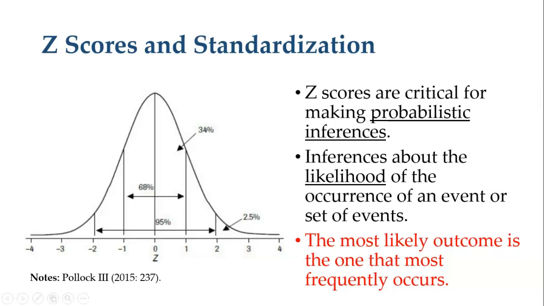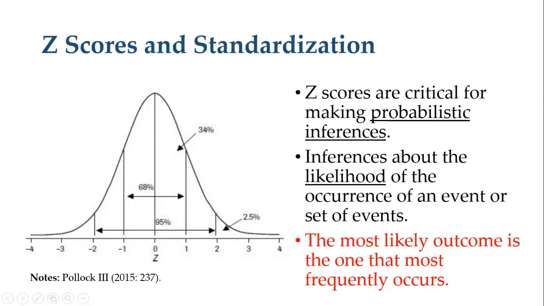I said that 95% of all observations in this sample fall in the range of more or less 2 standard deviations, right? So my confidence interval is this area, because what happens outside that area is very unlikely.